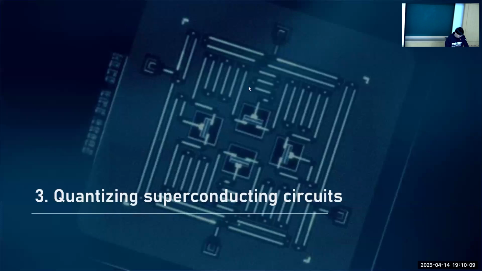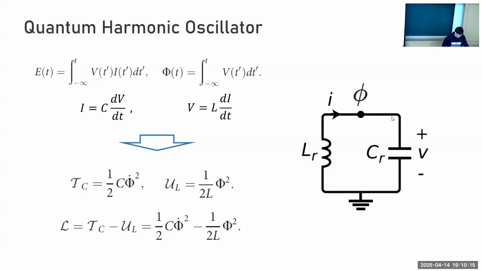And I'm going to explain the quantization of superconducting circuits. First we can start with the quantum harmonic oscillator. We can quantize this flux property: e(t) equals v·i dt and phi(t) is v(t) dt.